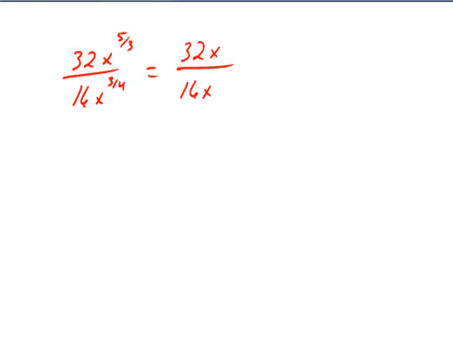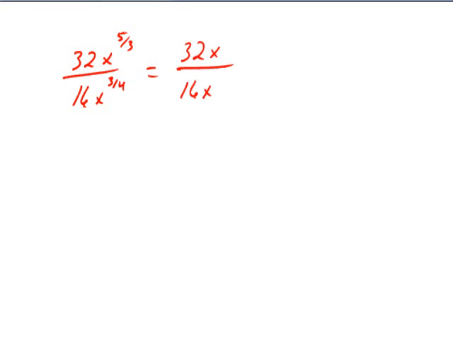Here's a practice problem for you. 32x to the 5/3 over 16x to the 3/4. Pause the video and come back to check your answer. In this problem, once again, we have division. We want to subtract the exponents, but we can't do that until we get the same denominator. So let's write both fractions to have the same denominator.